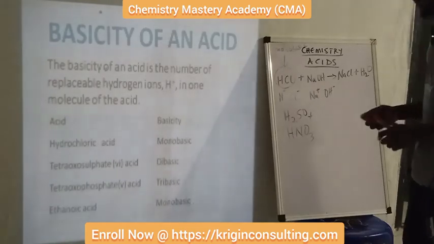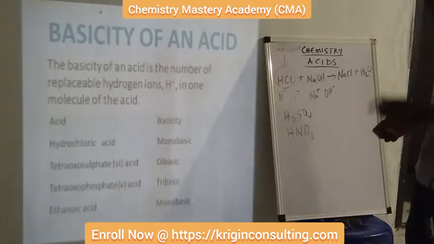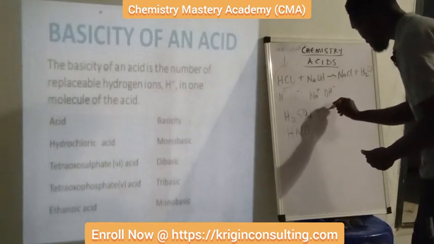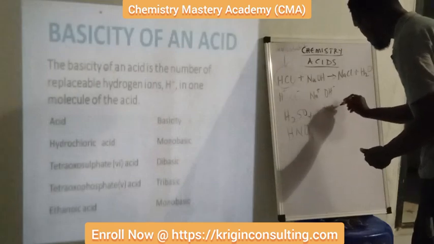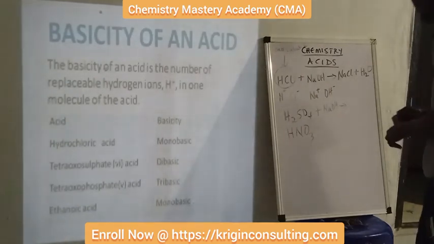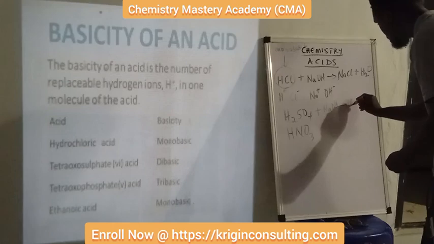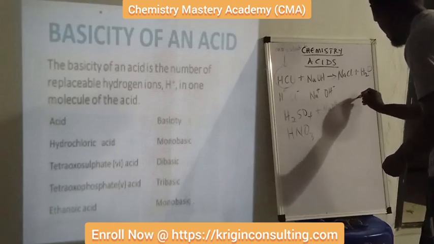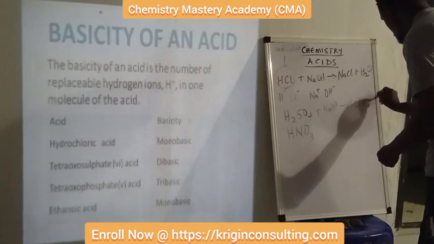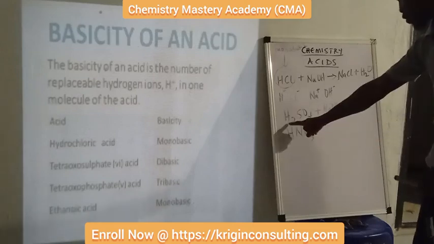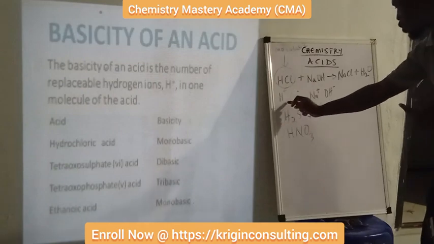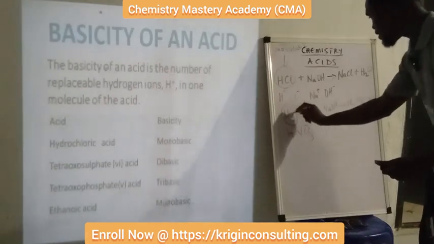Exactly. Same thing applies to others. Like this H2SO4 now. Now the H2SO4 reacts with, let's use the same base. There are other bases we could actually use. NaOH. Now, when it reacts with NaOH, it will form Na2SO4 plus H2O. Now, look at this. Na took the place of this entire one.